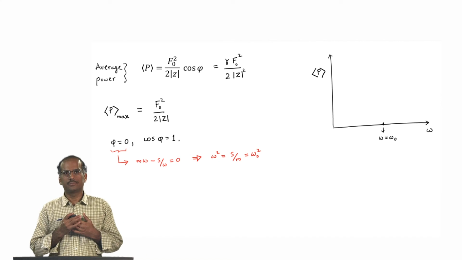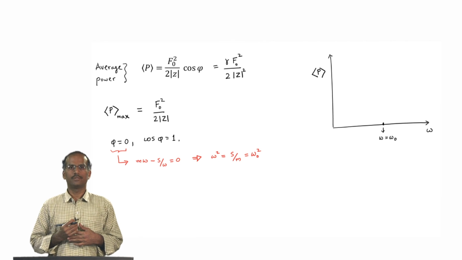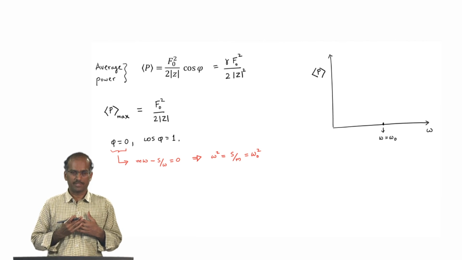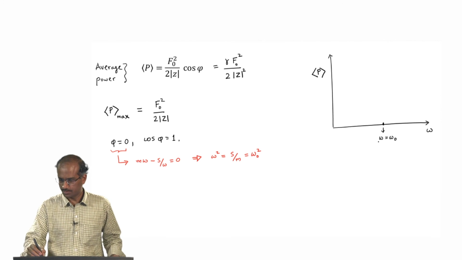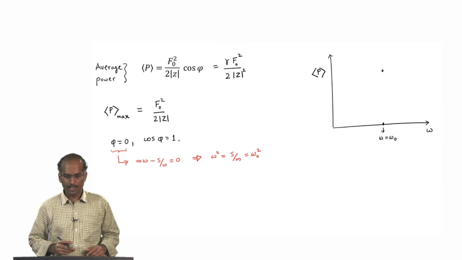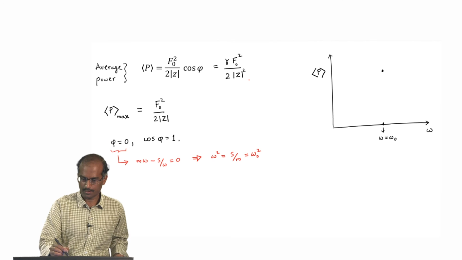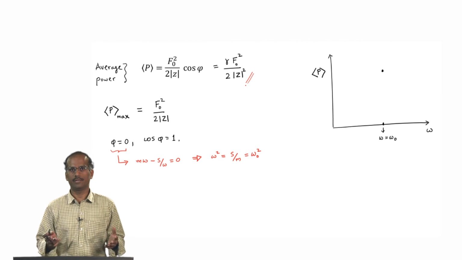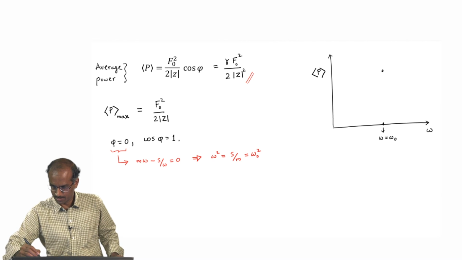So, when the driving frequency is equal to the natural frequency of the system, the average power supplied to the oscillator is maximum. So, at omega equal to omega 0, this function is going to have its maximum value, and because the denominator here is quadratic, the function would essentially drop off like this.